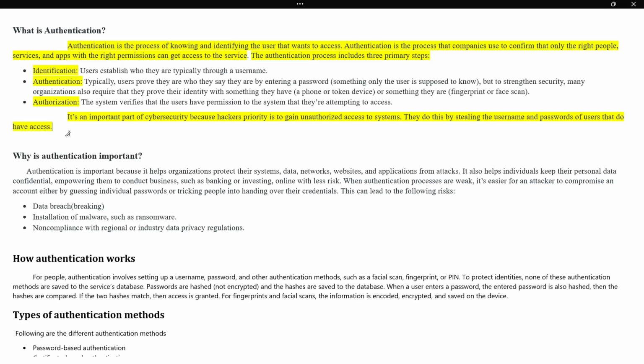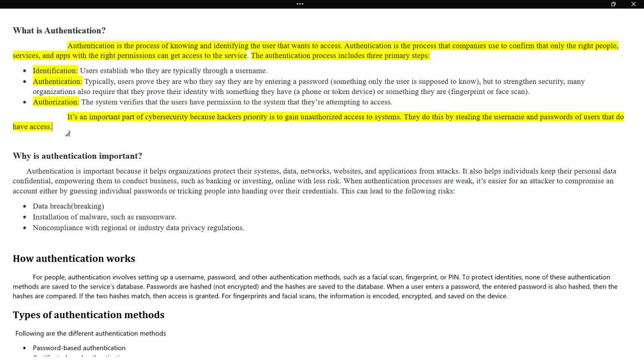The more security we give the system, the more highly secured it is. We will see how we can do it later in this video. Authentication and authorization are mainly to protect our data and system from unauthorized people who can steal our data.